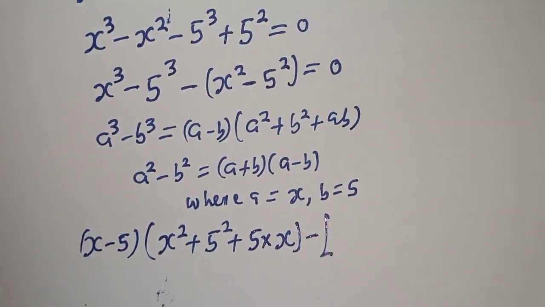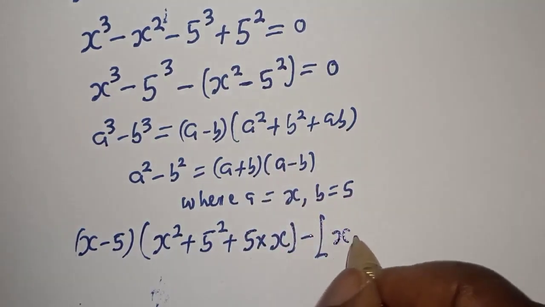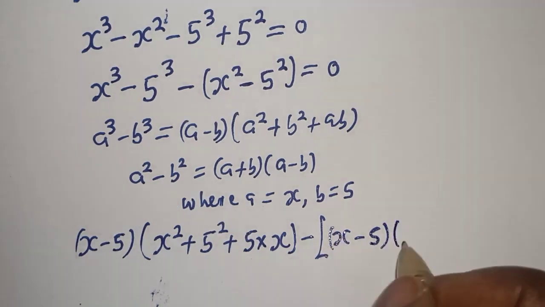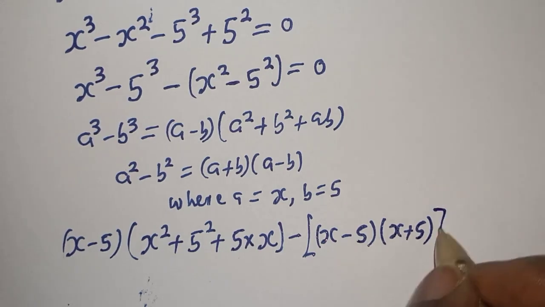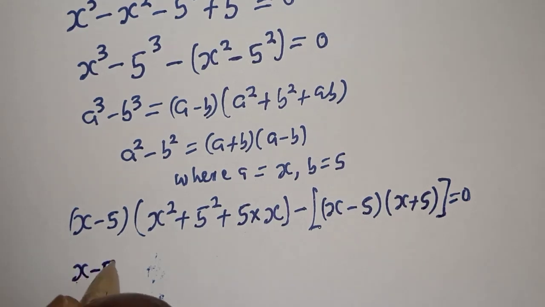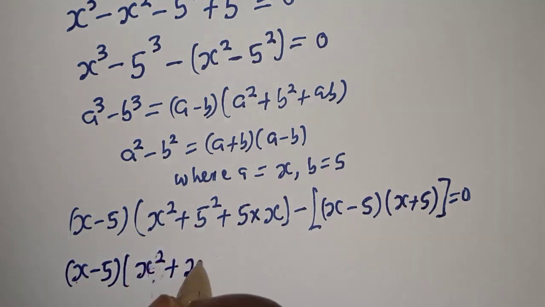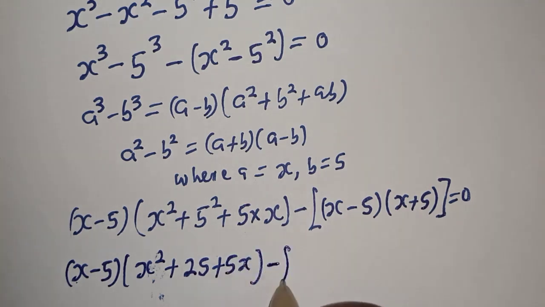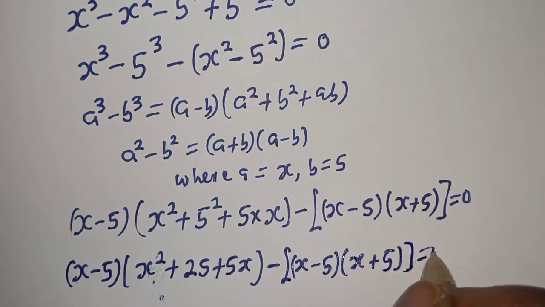minus, and this side we have s minus 5 multiplied by s plus 5 equal to 0. s minus 5, bracket s squared plus 5 squared, which is 25, plus 5s, minus s minus 5 multiplied by s plus 5 equal to 0.